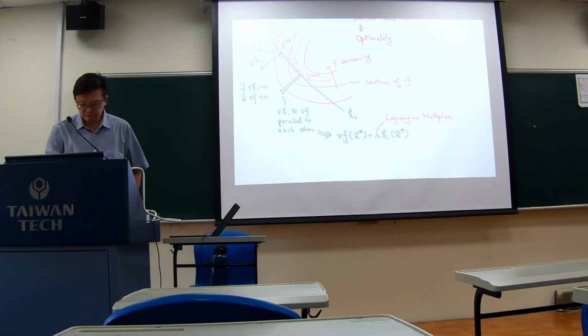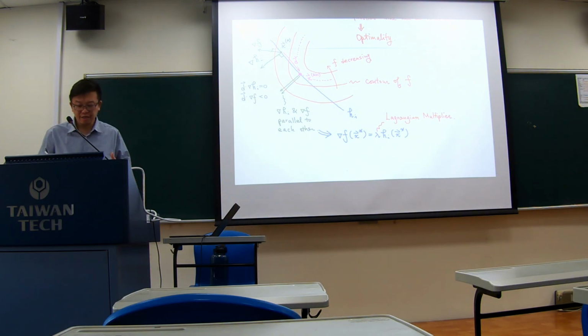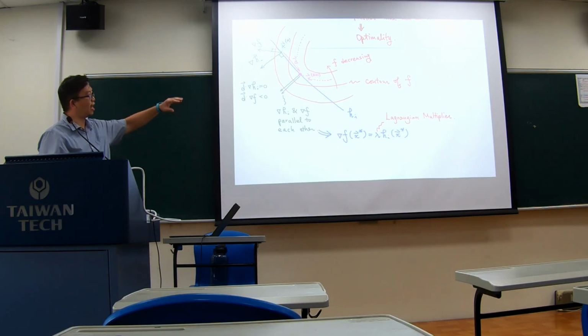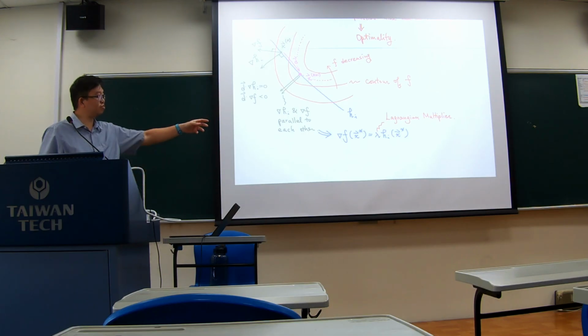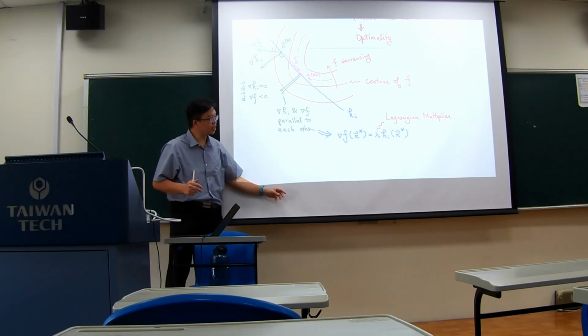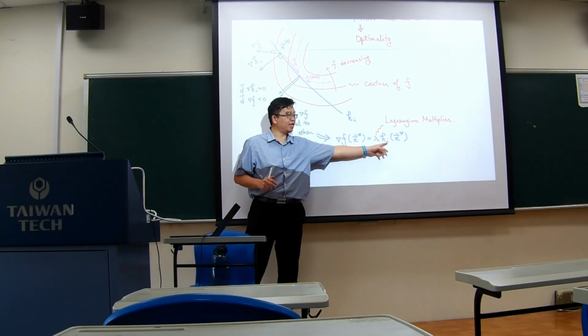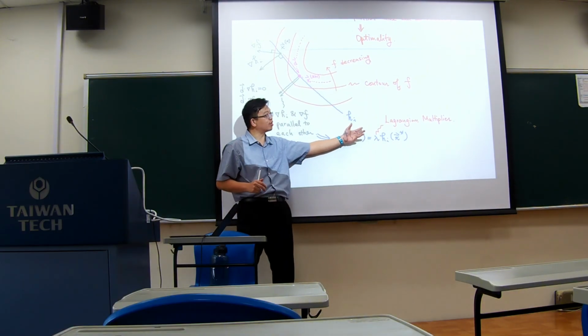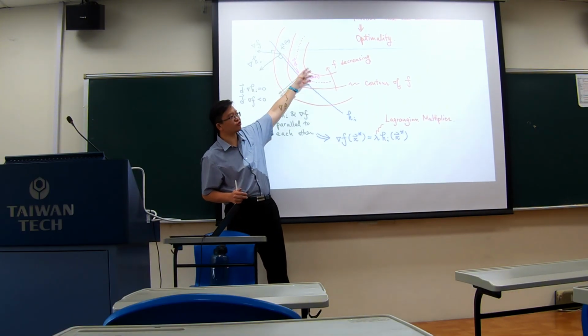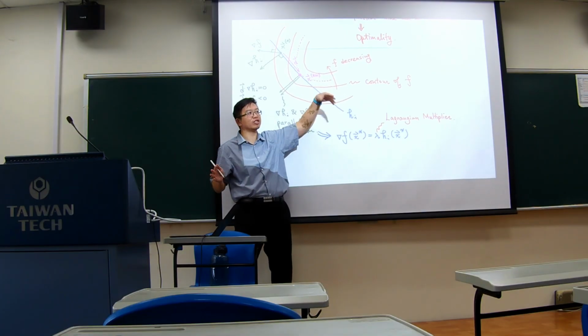Okay. So this is the illustration with one constraint and one objective function. How about in general, if I have multiple constraints? Even though we put an index i here, we never considered this illustration with multiple constraints.